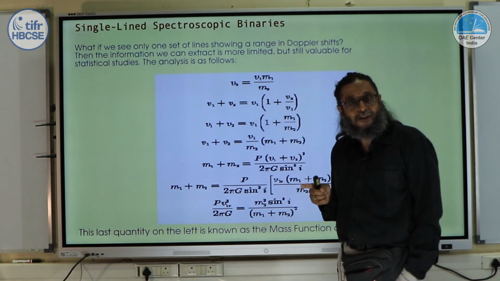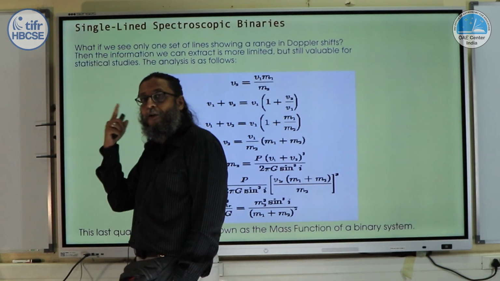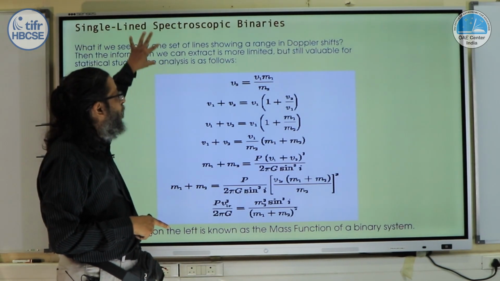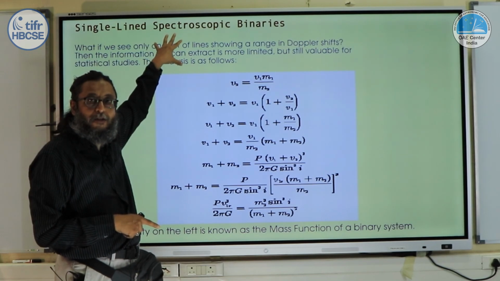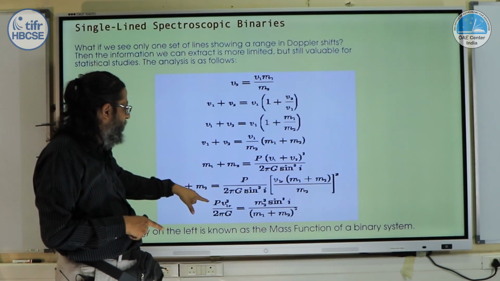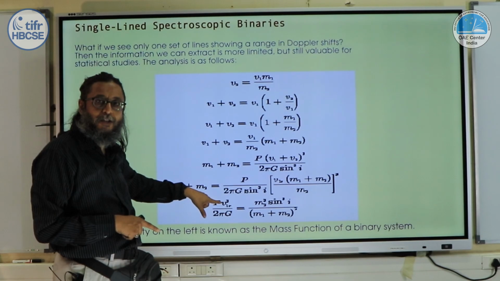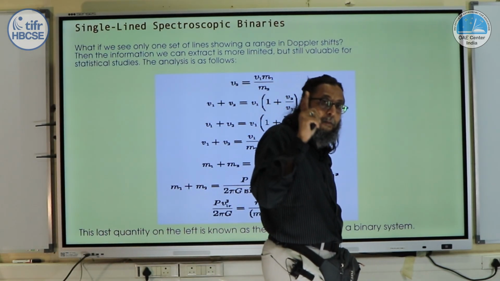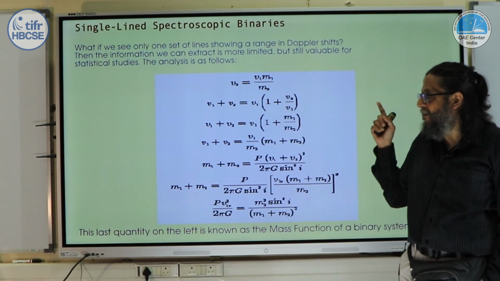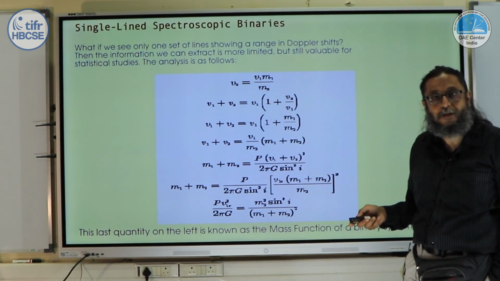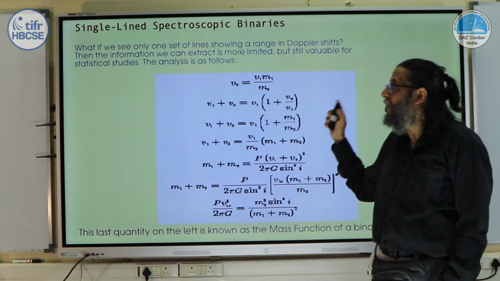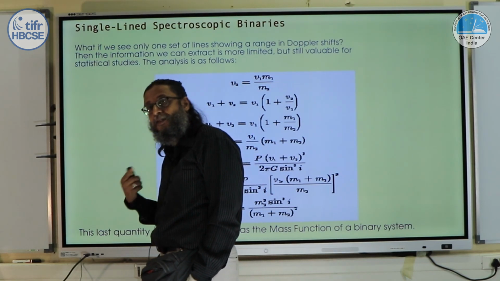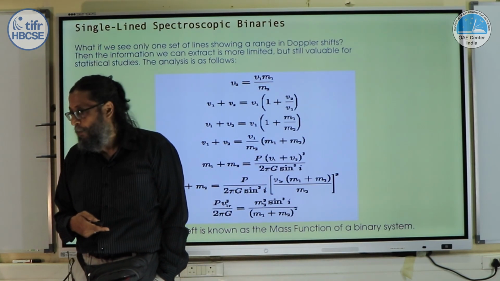Correct? So even if we cannot resolve the companion of a binary star system, we can resolve only the spectroscopic properties of one star and measure the velocity from the spectroscopic observations. Then we can still infer a mass of the companion star. That is why it is extremely important to observe these single line spectroscopic binaries, such that for the binary companions which are invisible to us, we can infer their properties also.